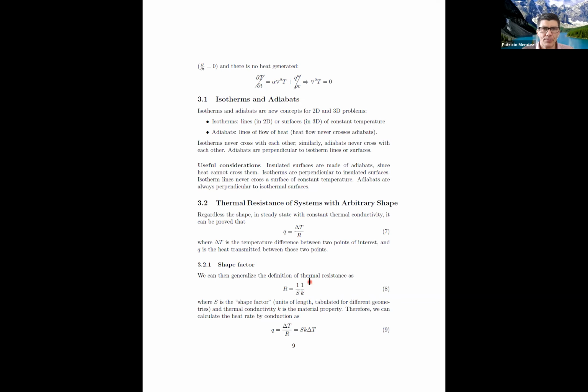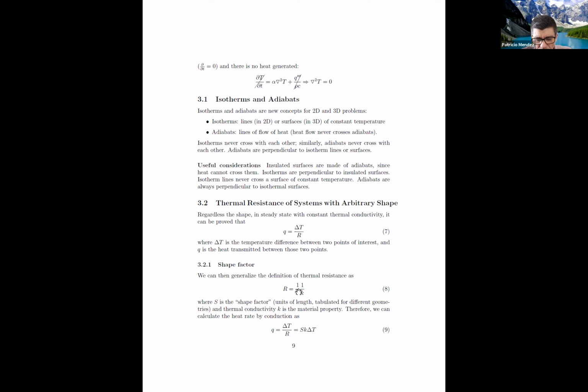And then all the rest, however difficult, however intricate, depends only on the geometry and has units of 1 over length. So I'm going to call this the shape factor.